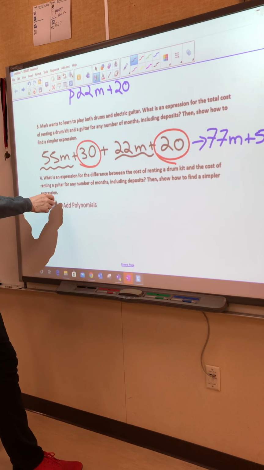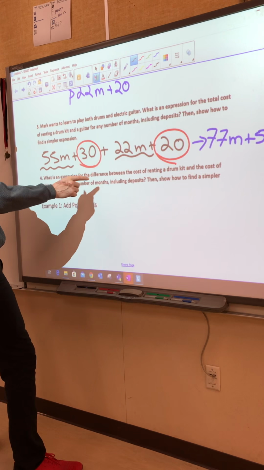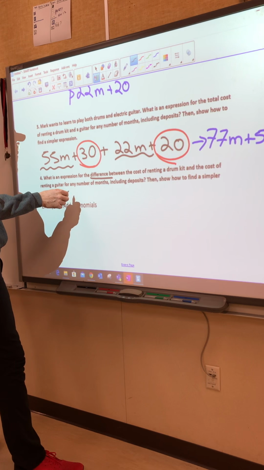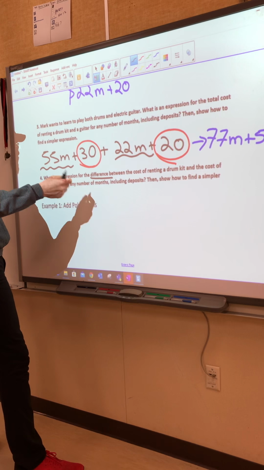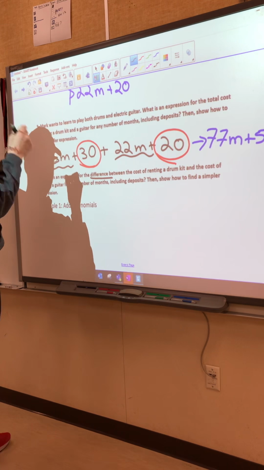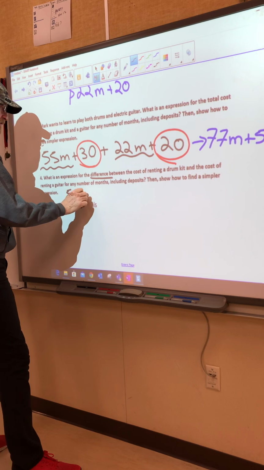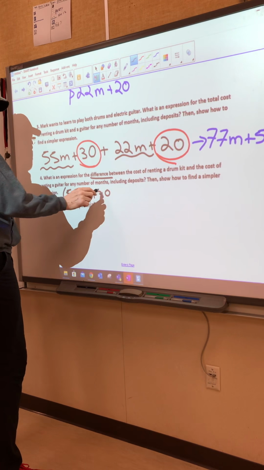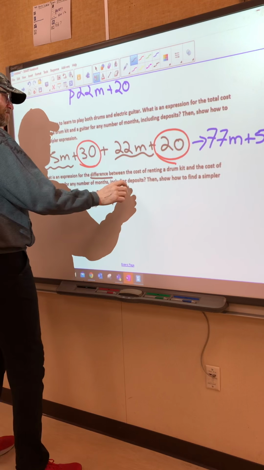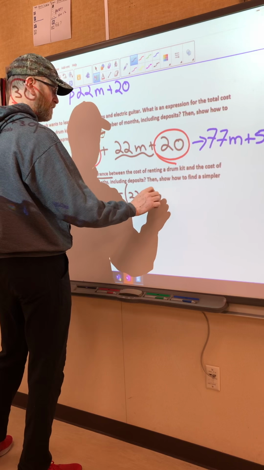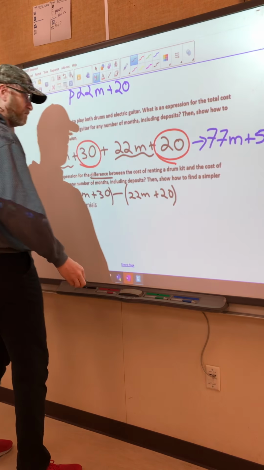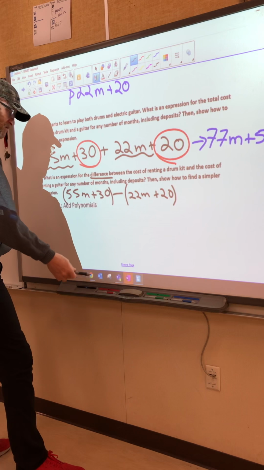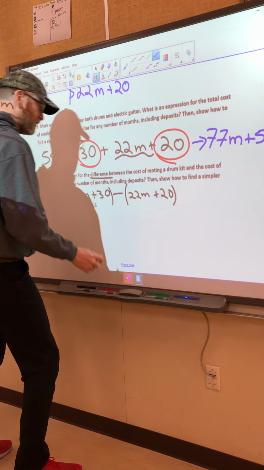And then here, let's put this in black down here. Drum kit on difference. Difference means subtract, correct? Usually. Okay, so we have 55m plus 30 minus 22m plus 20. 55m minus 22m, is that 33m?